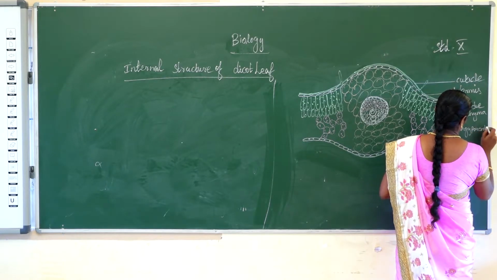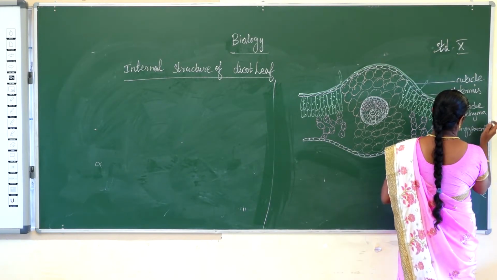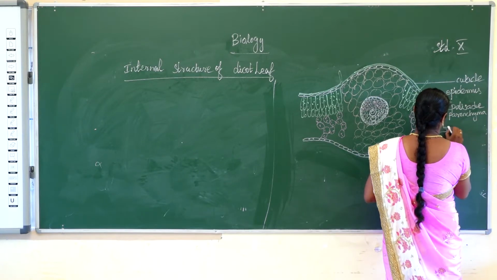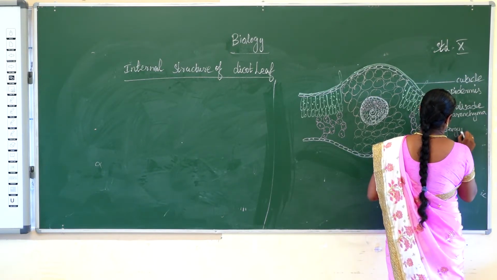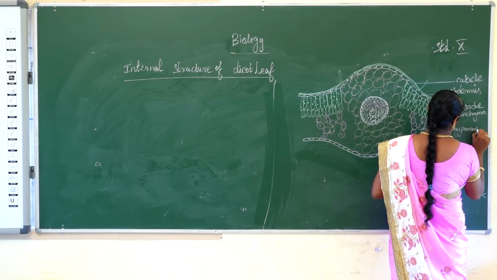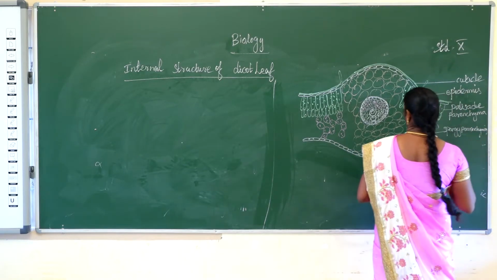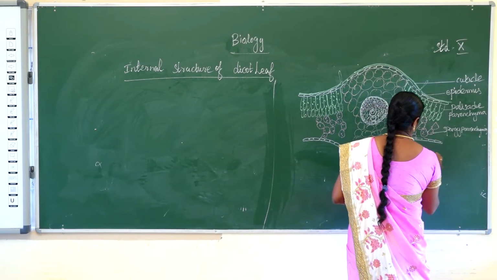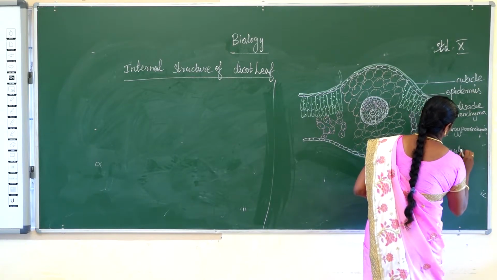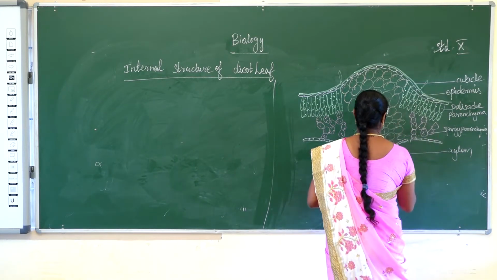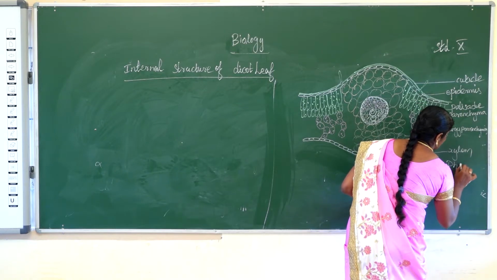Spongy parenchyma. Next, xylem. Next one, phloem.